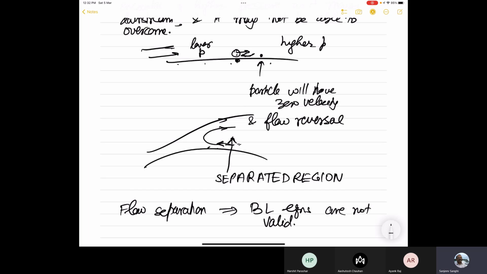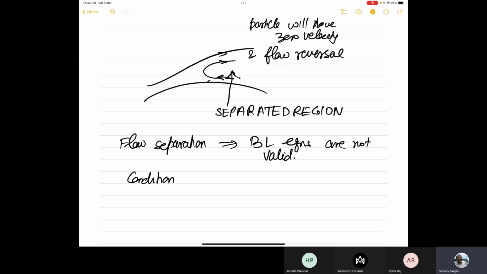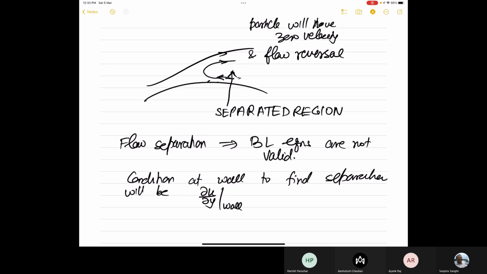And the condition at the wall to find separation will be du/dy at the wall is 0.